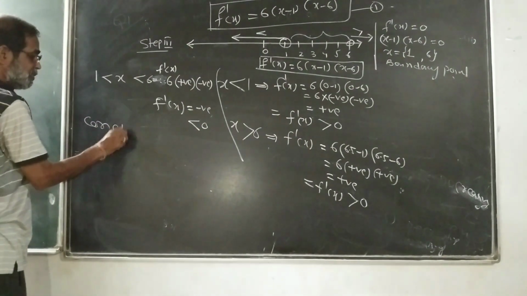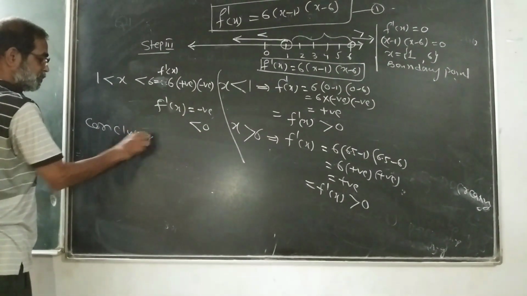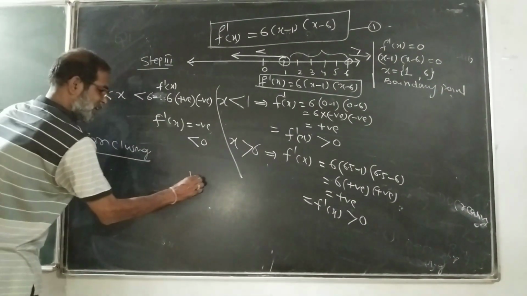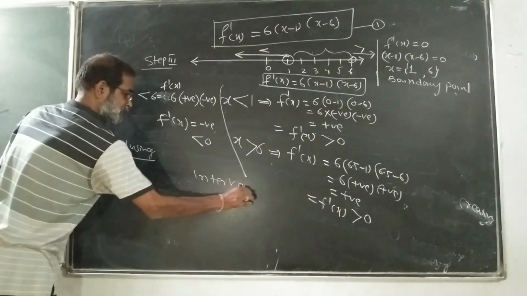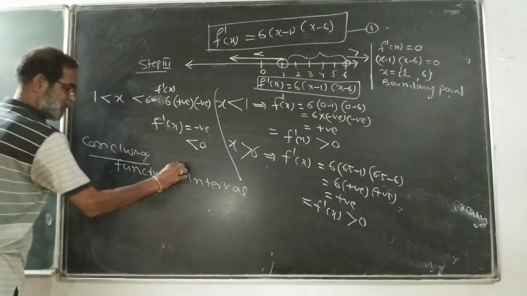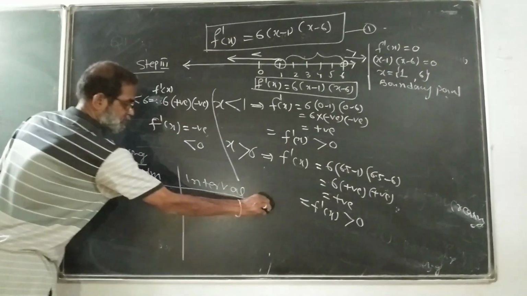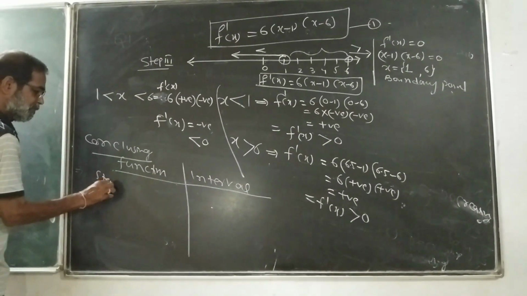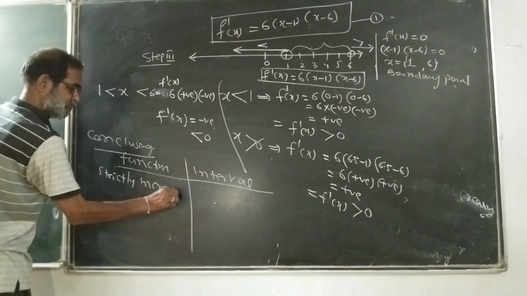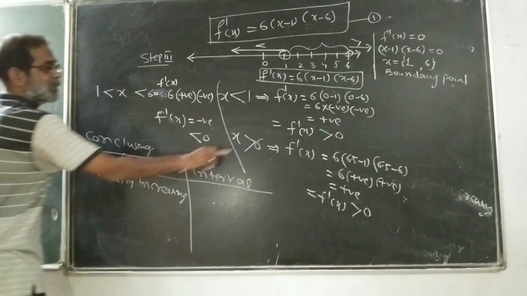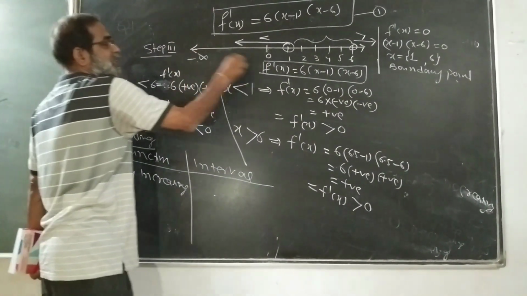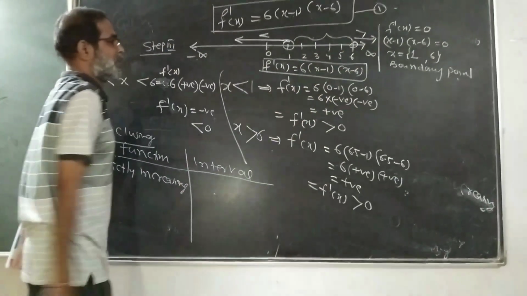Conclusion, last step. The interval in which the function is strictly increasing: see, greater than 0 here, from here to here. Suppose here in minus infinity to plus infinity.